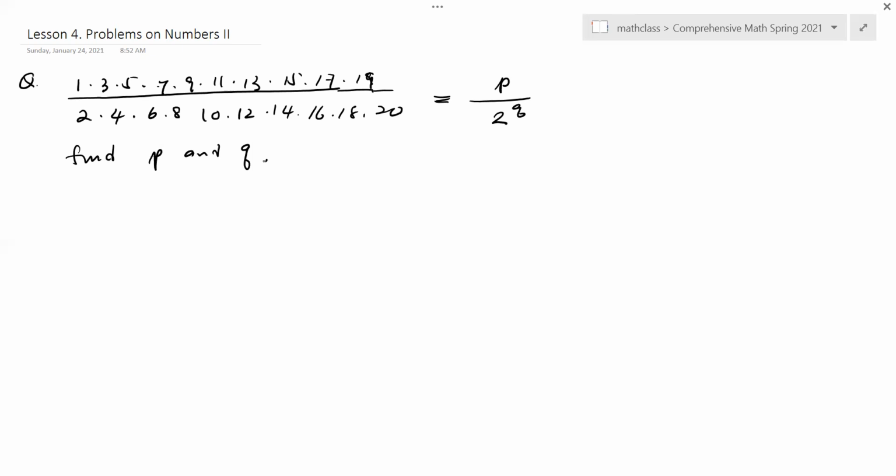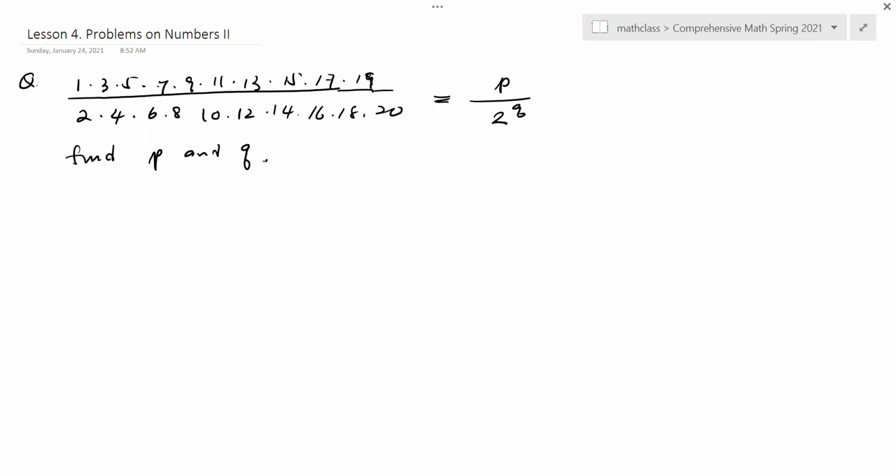Now, is this always true or not? So the quick way to solve the problem, we don't know, right? It's always true or not. P and q are positive integers.